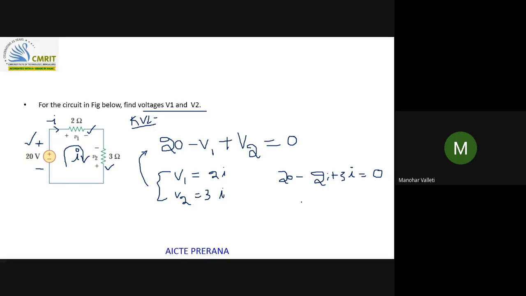So I equal to minus 20, right? I equal to minus 20. So V1 equal to minus 40.